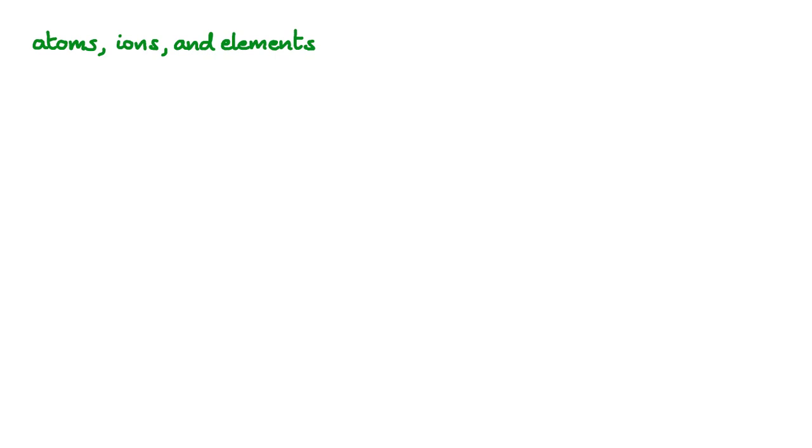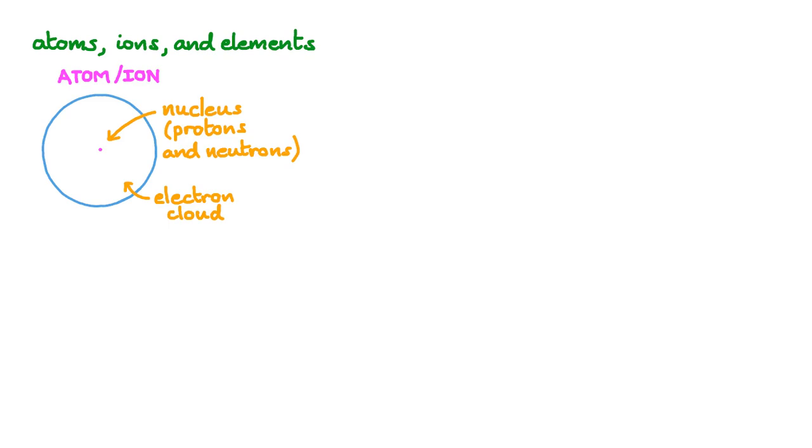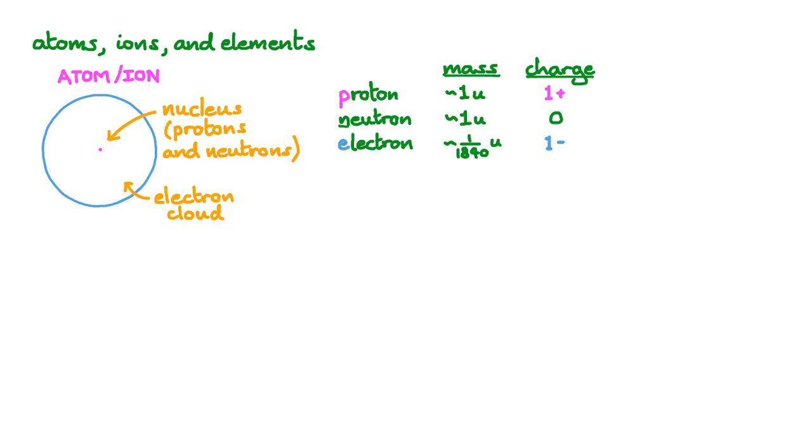Let's start with a quick recap of what atoms, ions, and elements are. Chemists concern themselves most with three different particles: protons, neutrons, and electrons, because it is these that make up atoms and ions. Protons and neutrons are to be found in the nucleus of atoms or ions, and protons and neutrons have about the same mass of one unified atomic mass unit.